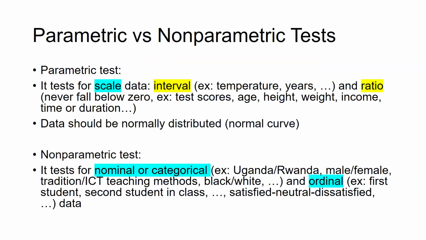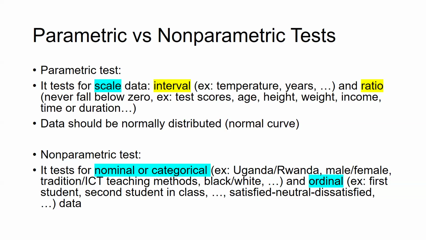Now, in statistics, we have basically two kinds of tests. One is parametric, another is non-parametric. How are these different? And these take us to explaining three types of data. We have scale data, we have categorical data, and we have ordinal data. So parametric tests are exactly for scale data.